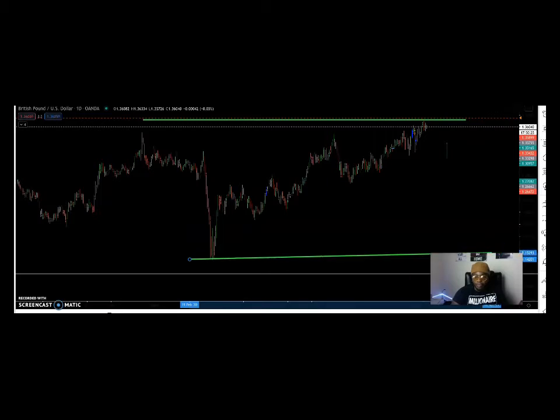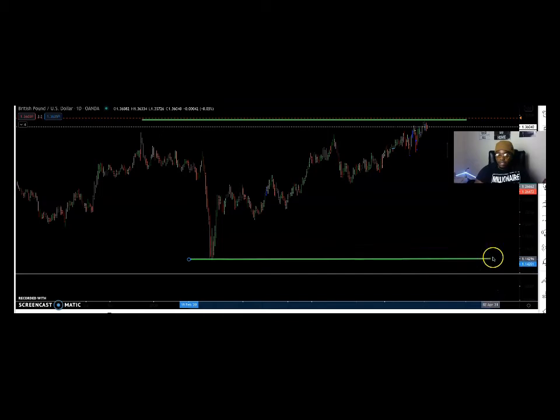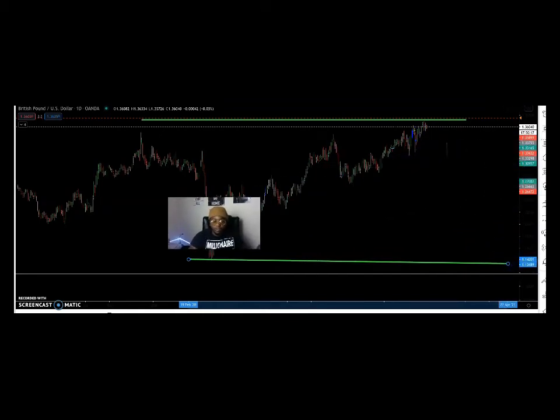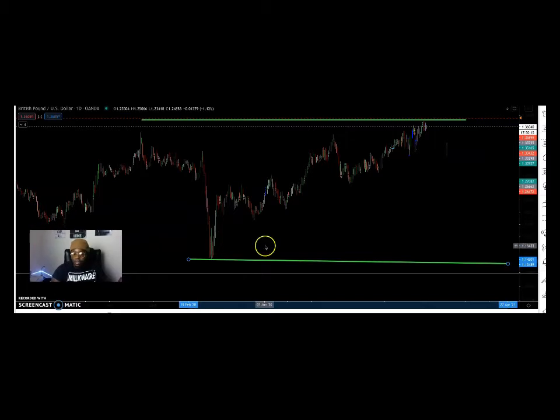Let me move this out the way. Hopefully y'all can still see me. So what I would do is put it where price went the lowest and the highest, and then I would grab one more for the middle.